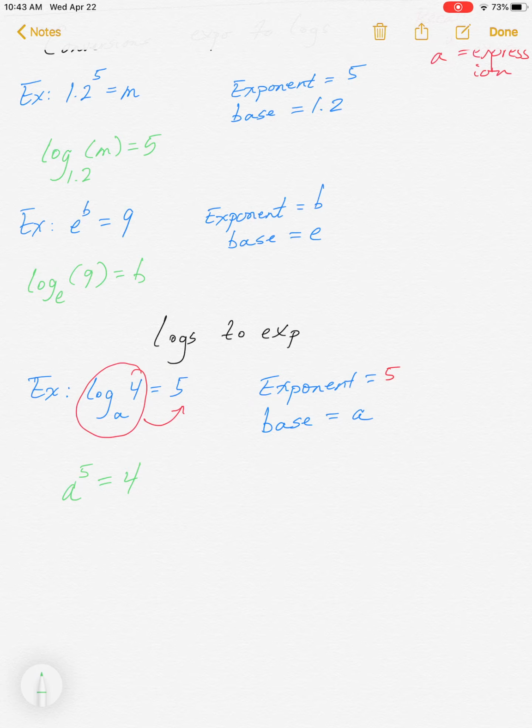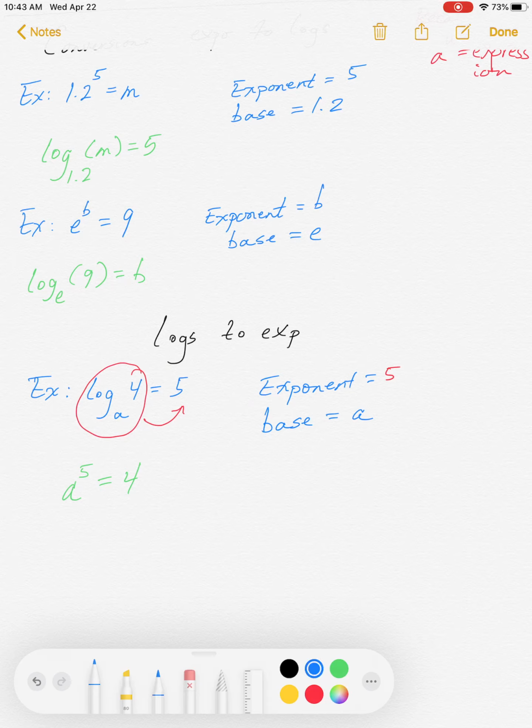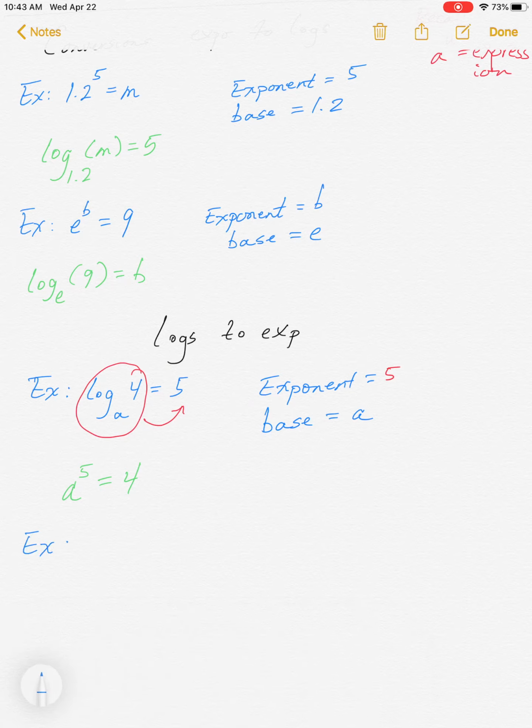And let's do one more example of this conversion. We have log base 6 of capital B equal to -3.